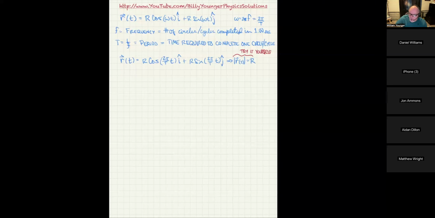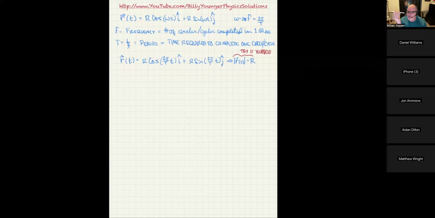And then if you go all the way to capital T, you'll get the original point, which was at x equals r. So what you're seeing is a vector that at t equals 0 points to the right, which is the positive x-axis direction, and is a distance r away.